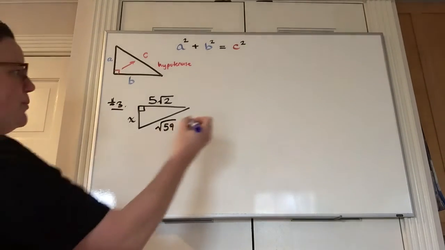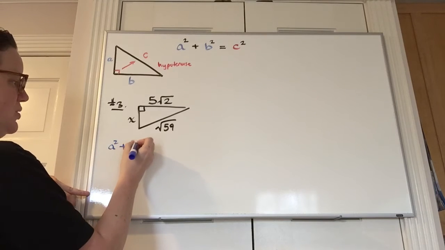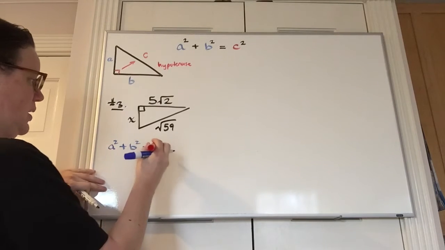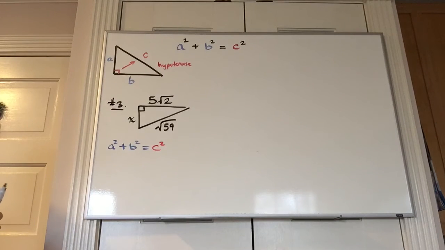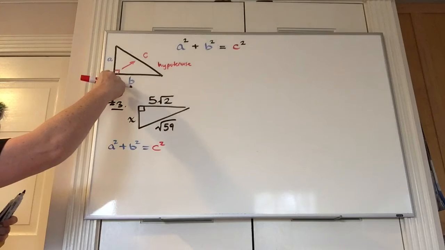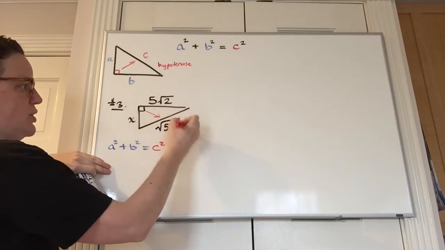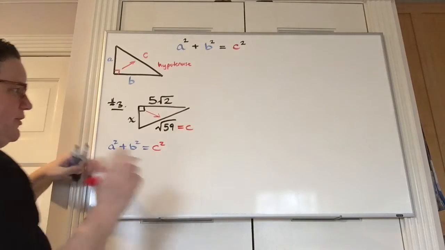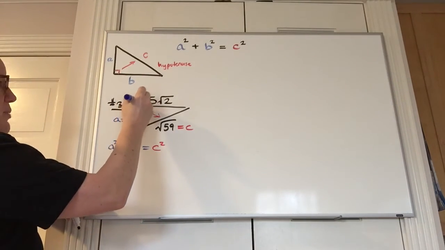All right, so I know the Pythagorean theorem tells me that a squared plus b squared equals c squared. The one thing to be really careful about is what c is. How do I know what c is? It's across from the right angle. So in this triangle, the hypotenuse c is the square root of 59. And then I can call this side a, and I can call this side b.